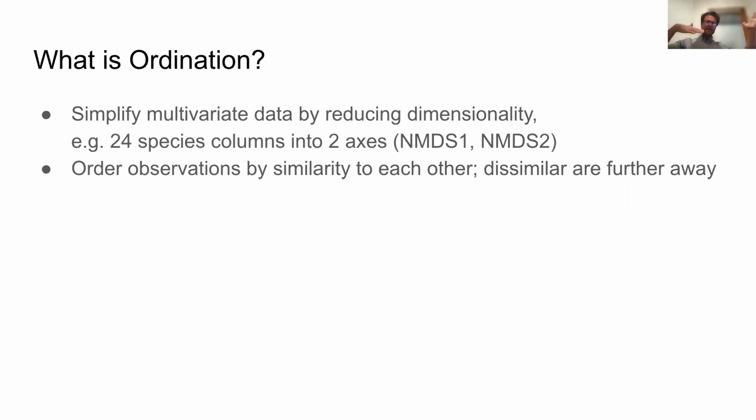So that's what that dimensionality reduction is trying to do, take all that variability across multiple columns and then reduce it into fewer columns, and then plot it out in an axis.